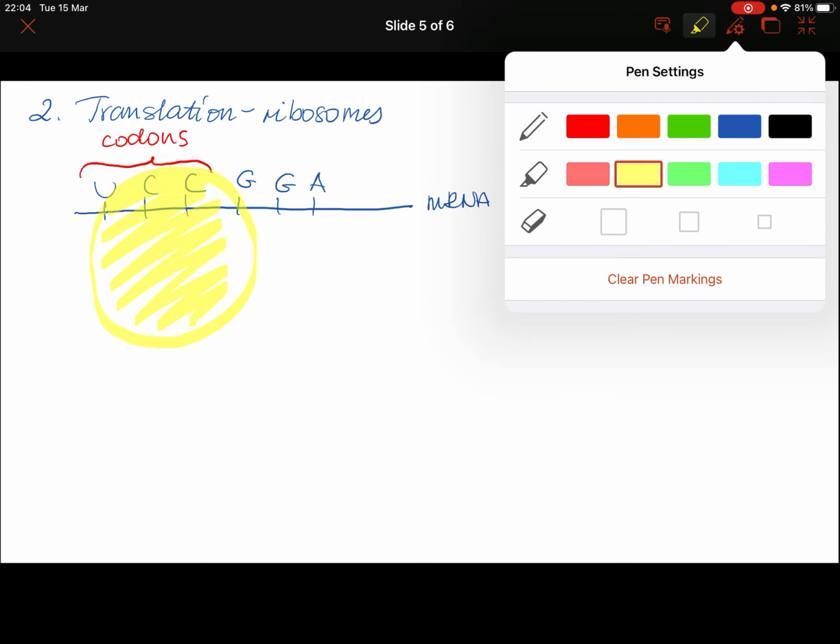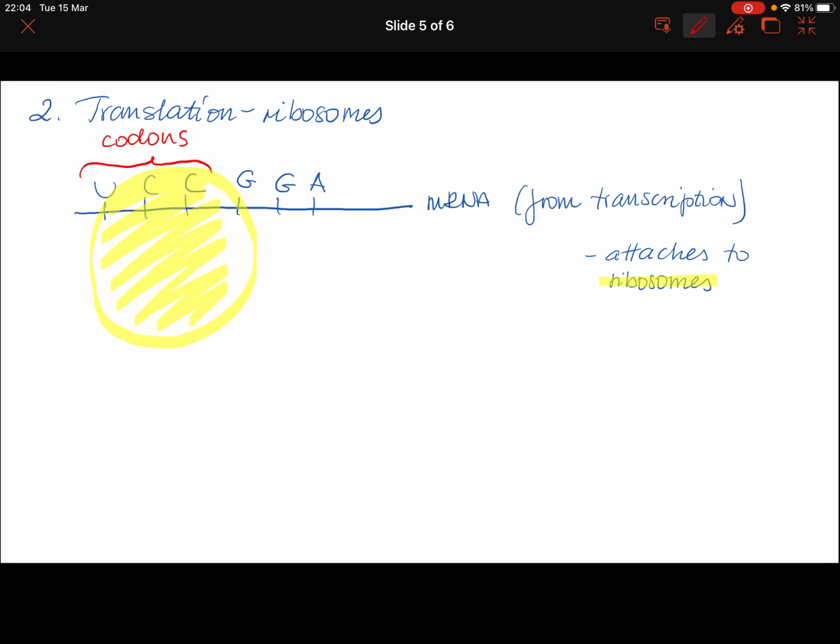So what happens now? Obviously, the process is happening on the ribosomes, mRNA attached to the ribosomes. What else comes along here? It's the tRNA. So tRNA comes along with the complementary anticodons.